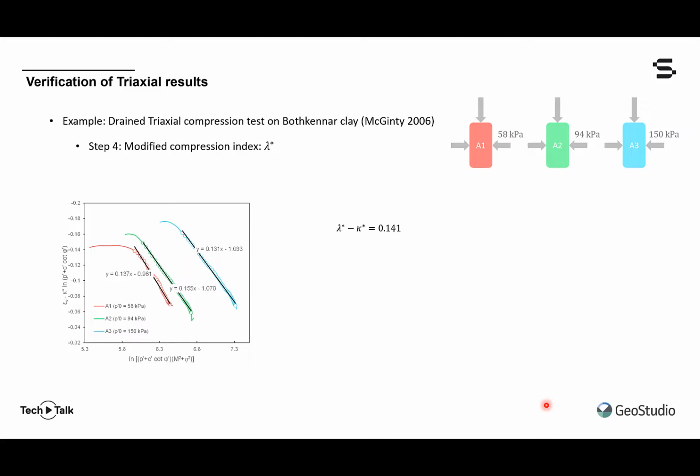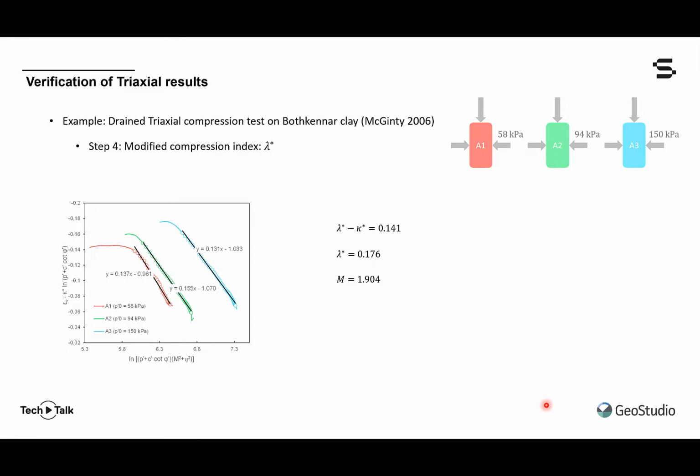This results in a modified compression index of 0.176, given our previous value for kappa star, and a yield surface aspect ratio, which we obtained through the iterative procedure, of M equal to 1.904.